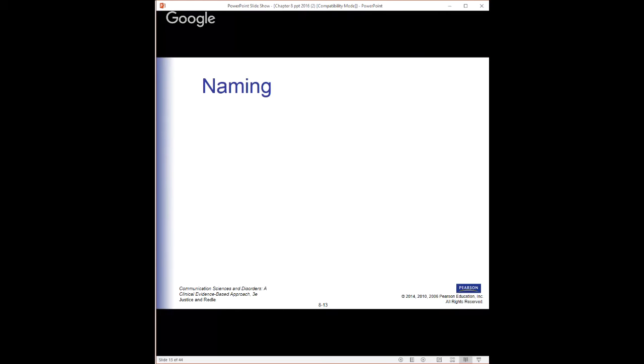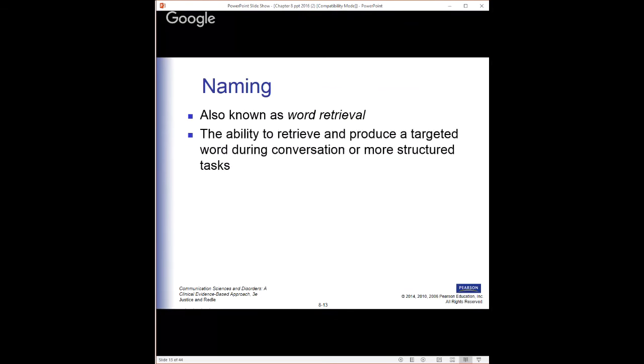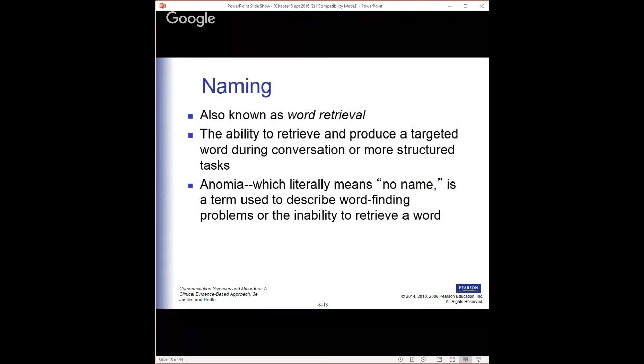The next category is naming or word retrieval. The ability to retrieve and produce a targeted word during conversation or more structured tasks. The word anomia, which literally means no name, is a term used to describe word finding problems or the inability to retrieve a word.